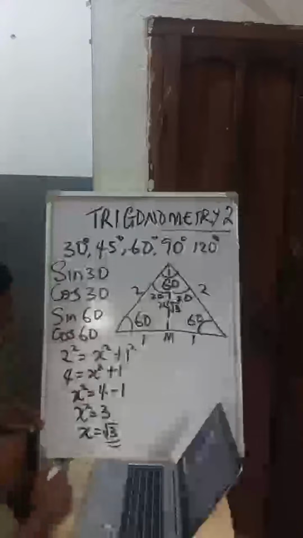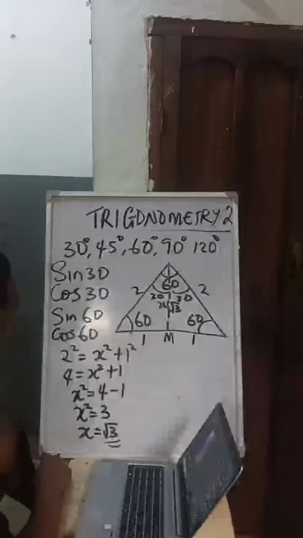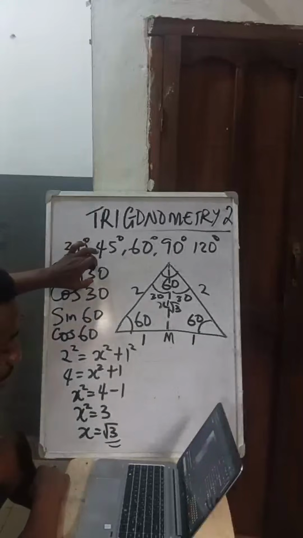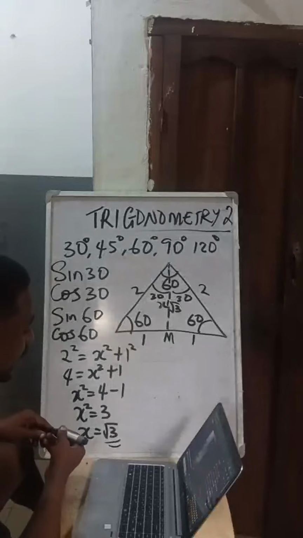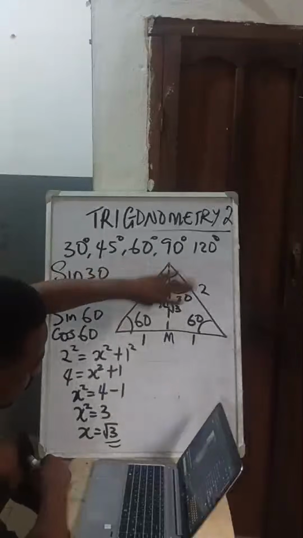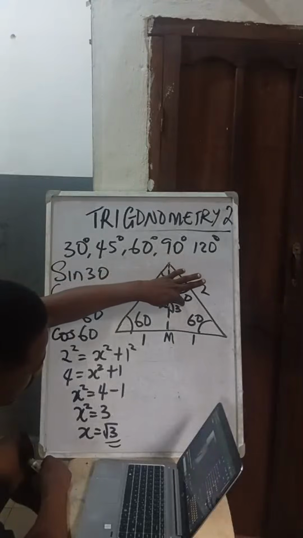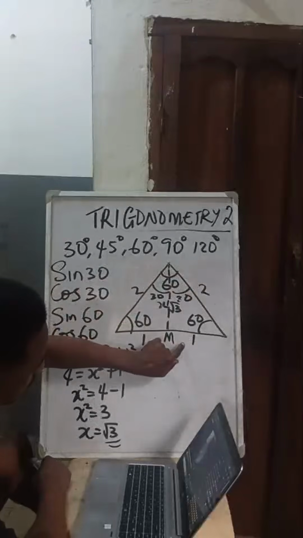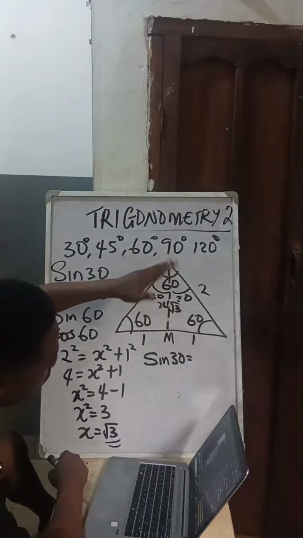It is from here we can now say that sine 30, we are considering 30 now. As you are considering 30, we are looking at this 30 or this 30. As you are looking at this 30, the opposite side is 1. Adjacent is root 3 over hypotenuse.